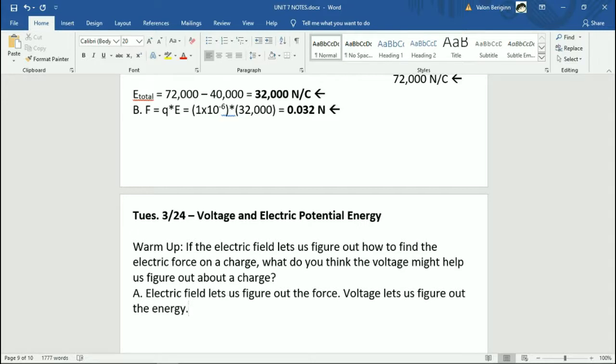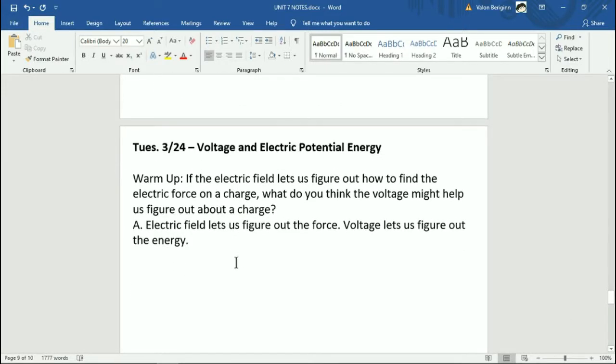So they behave very similarly, whereas you have some charged objects, they create a field around them, you can find that field stuff, and then from there, you can put another thing in, find the force on it. The voltage is the exact same kind of thing. The voltage is that you can have some charged objects, find the voltage around those charged objects, and if you put another charged object in that voltage, you can find its potential energy. Okay, it's the same sort of idea, it's just now to get with energy instead of force.